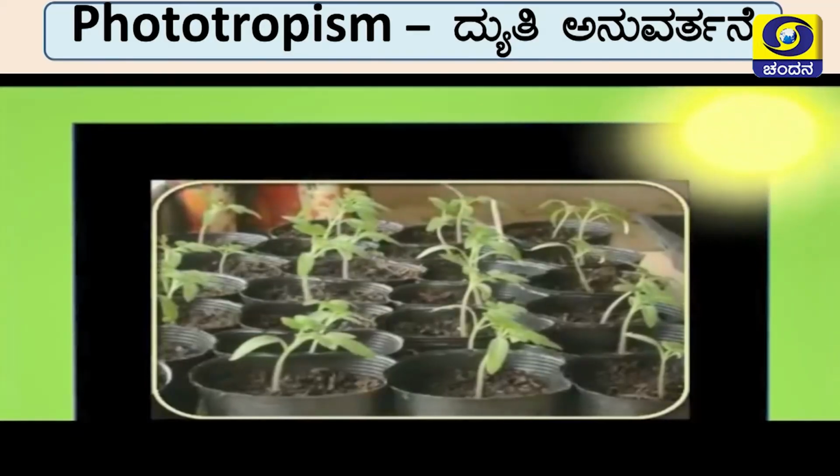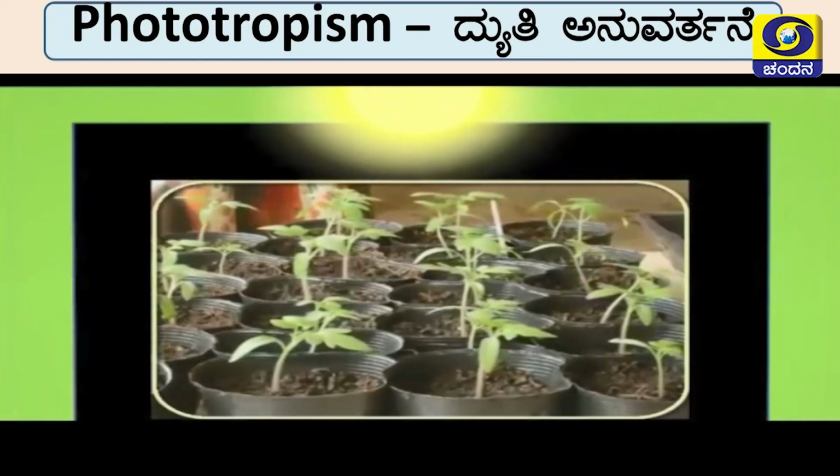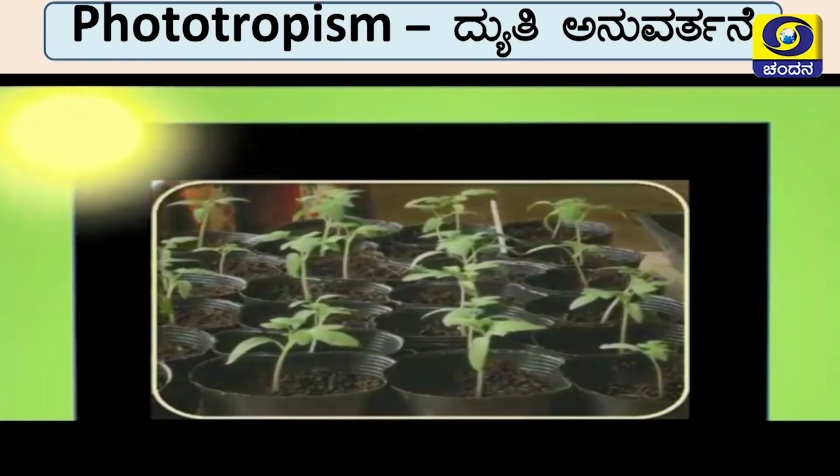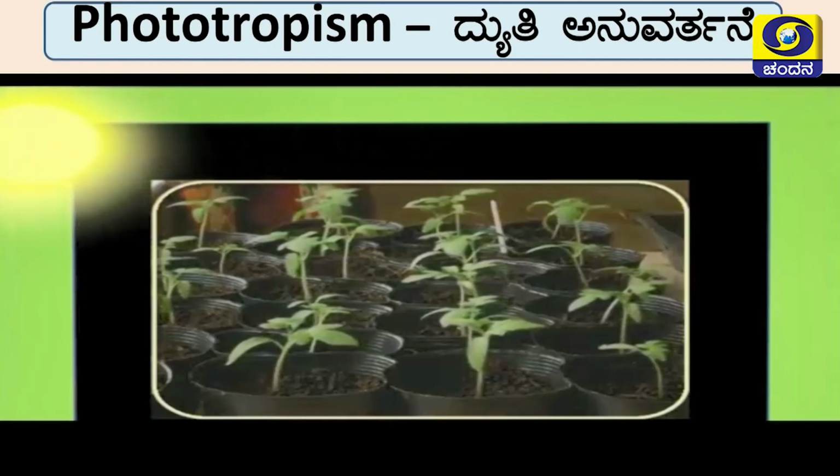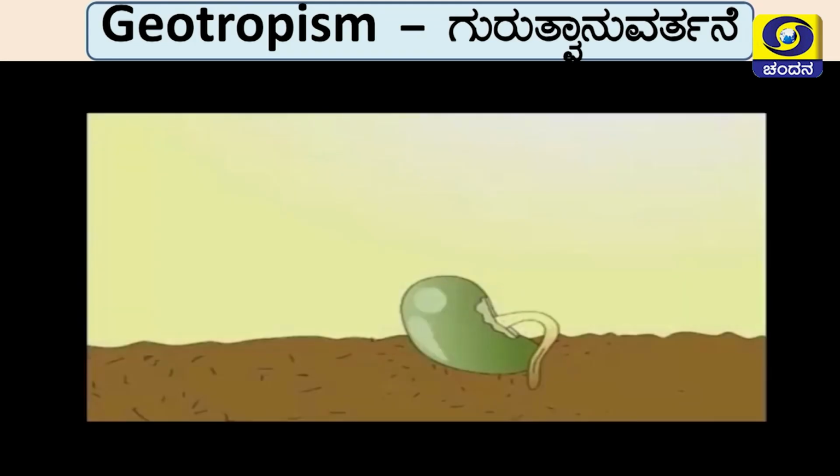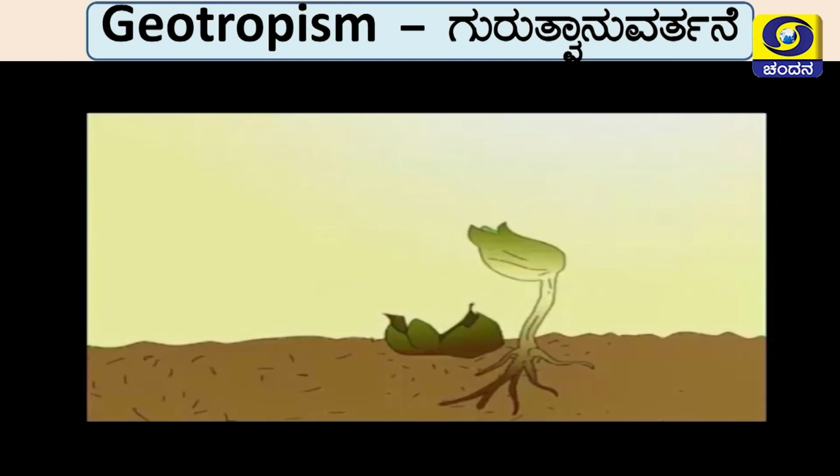Here a plant is bending towards sunlight, you call it phototropism, or Dyuti Anuvartane in Kannada. There are several tropic movements meant for growth. The first one you learnt is phototropism. Next we will see geotropism, that is the roots growing towards the earth.